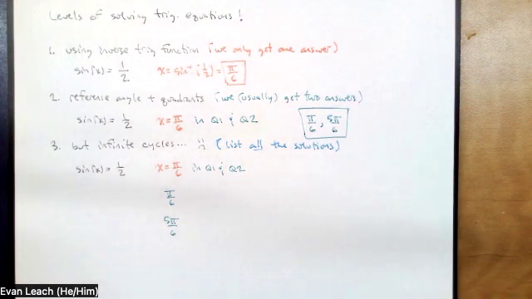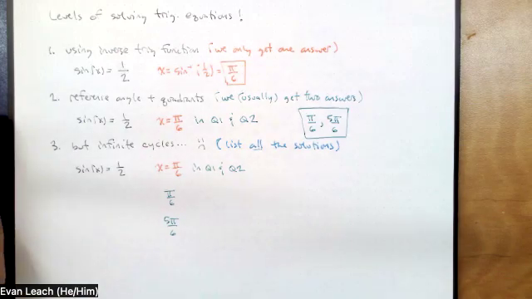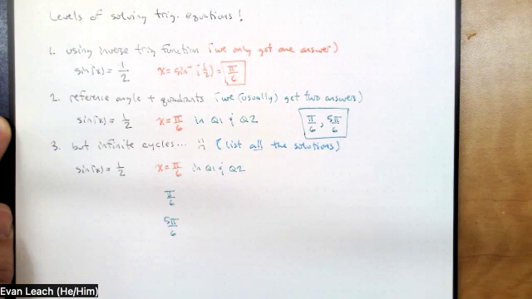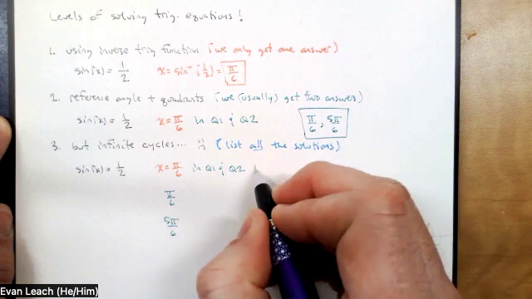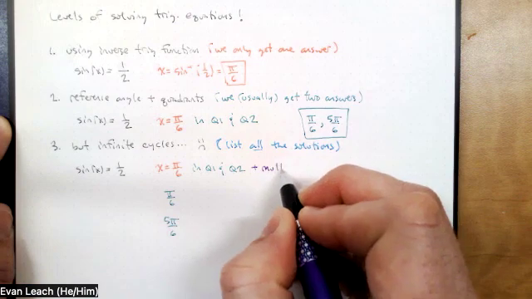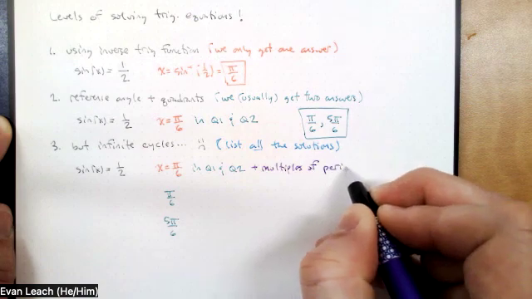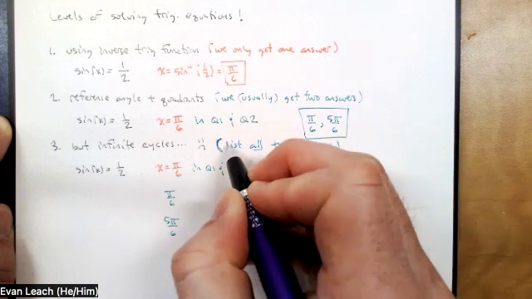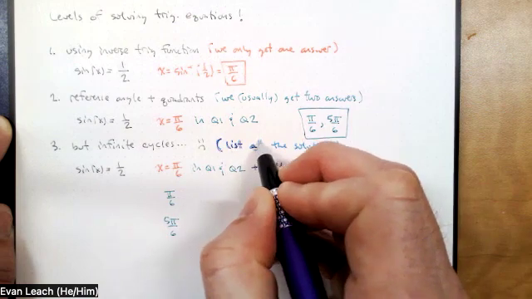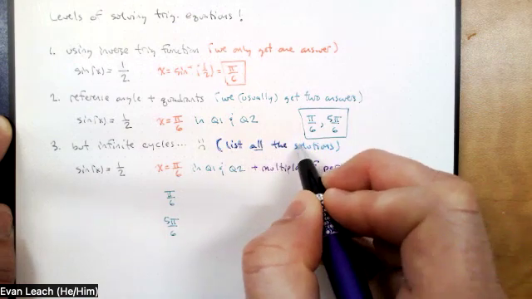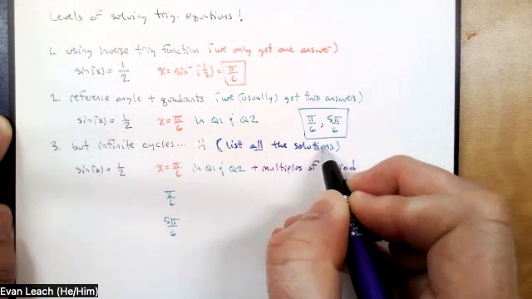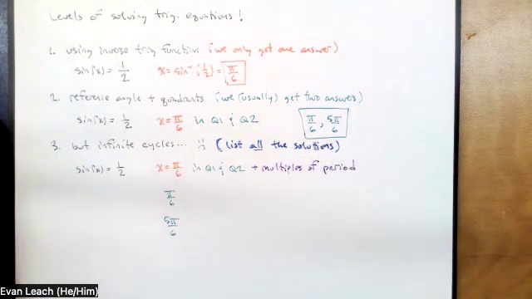We got pi over 6 in quadrant 1 and quadrant 2, and we know that this happens every single cycle. So we're going to add multiples of the period.